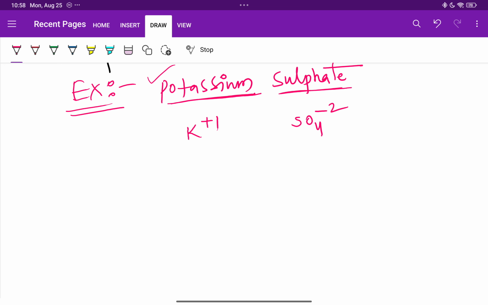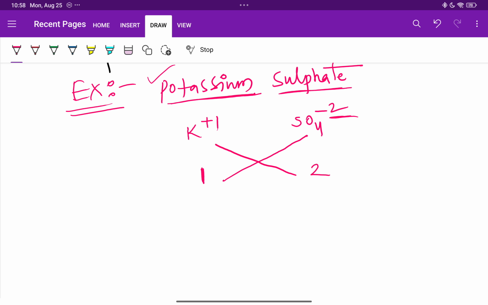So K plus 1, write the charge only 1, SO4 minus 2, here minus 2 is there, just write 2 and interchange the charges of ions. You are giving potassium's charge to sulfate, sulfate's charge to potassium. So this is called interchanging of charges of ions.